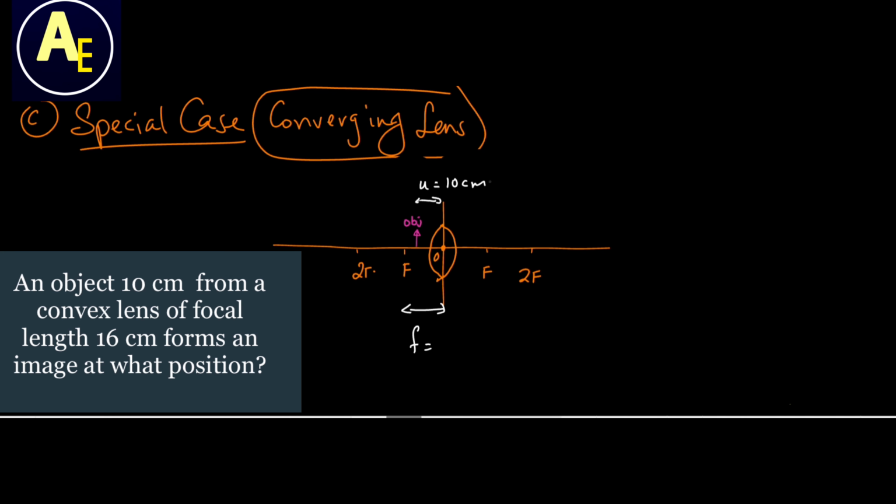When an object is placed between the optical center and focal point f, a virtual image is formed.